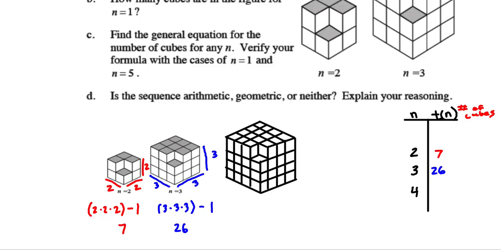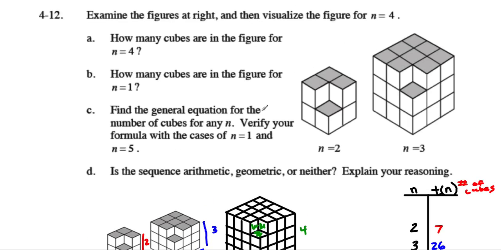So this is going to be 4 units by 4 units by 4 units, but we're still missing this piece right in here. So we've got 4 by 4 by 4 minus 1. 4 by 4 by 4 is 64, minus 1 would be 63 cubic units. So we know that our fourth figure has 63 units.